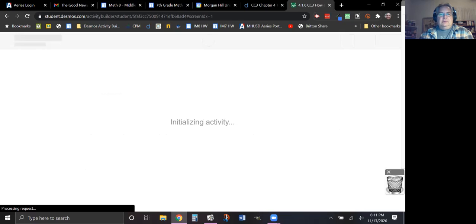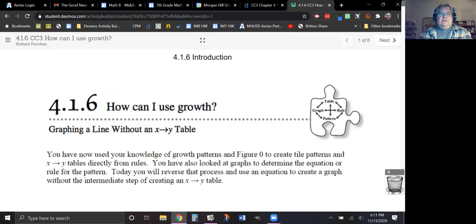In the very first problems of 4.1.6, basically the whole point of this chapter is learning how to graph a line without using an XY table. Up to this point, if I say graph a line, you make an axis on a piece of graph paper, you pick a few input values for X, you calculate a few output values for Y, sometimes successfully, sometimes unsuccessfully for some of you.